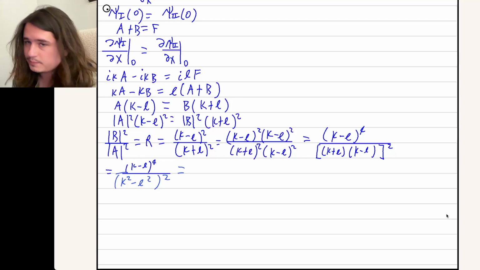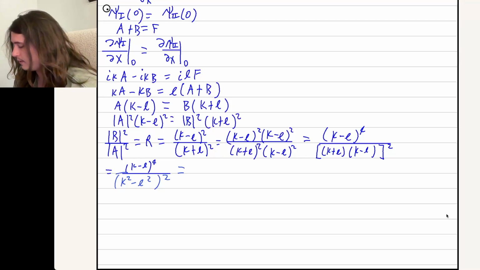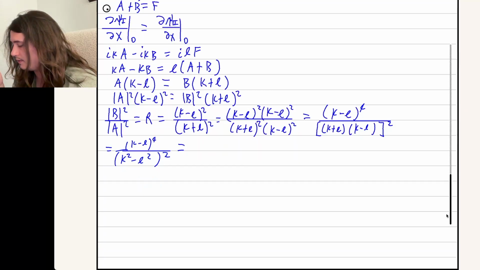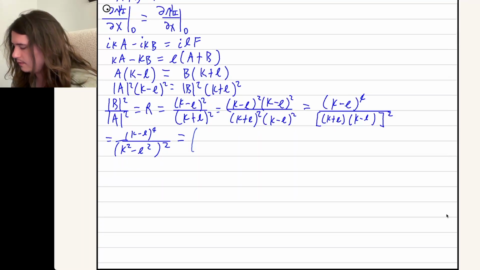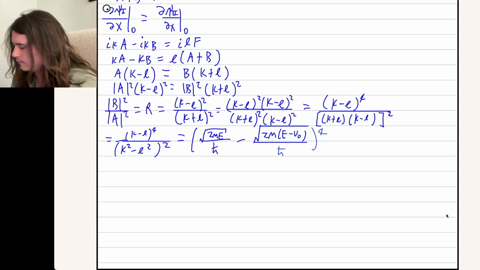And now it's worth plugging in the definitions of k and l. So this is going to now be a little bit gross. So k was root 2mE over h bar, and then l was root 2m(E minus V naught) over h bar, and we get to raise all of that to the fourth.